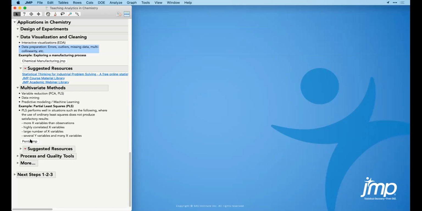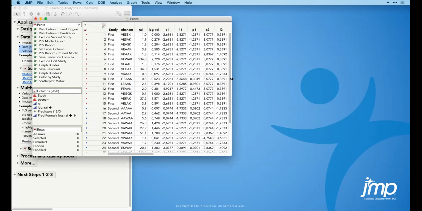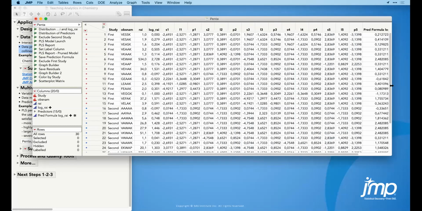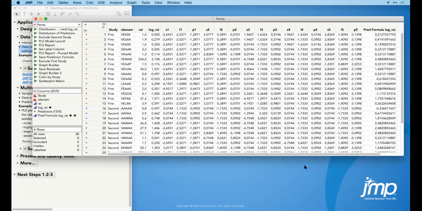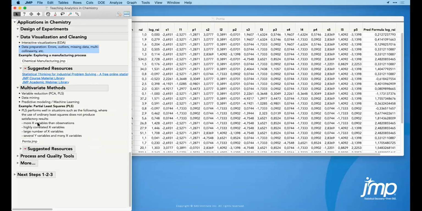So the third application is about multivariate analysis. Here we are building a model using partial least squares. And the journal tells us why this is used in chemistry so often, because it can really help you when ordinary least squares doesn't help anymore.